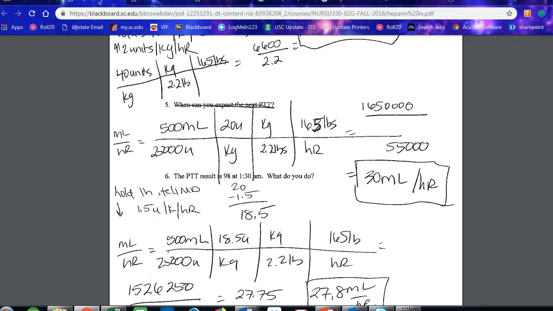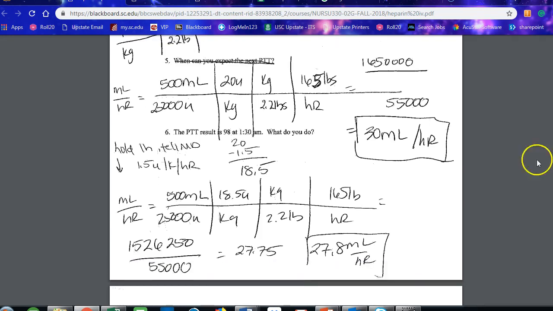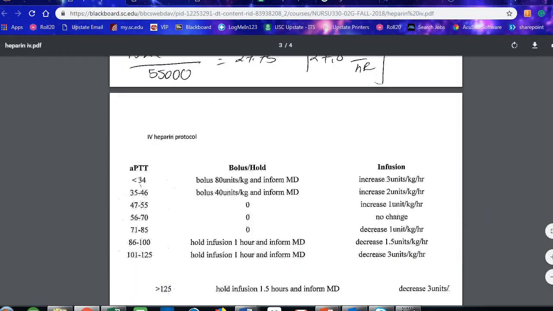Then again, we do our mLs over our hours. 500 mLs over 25,000 units times 18.5 units over kilograms times kilogram over 2.2 pounds times 165 pounds over hour, which gives us 1,526,250 divided by 55,000, which equals 27.75. Pumps go to the tenths, so 27.8 mLs per hour is our answer.